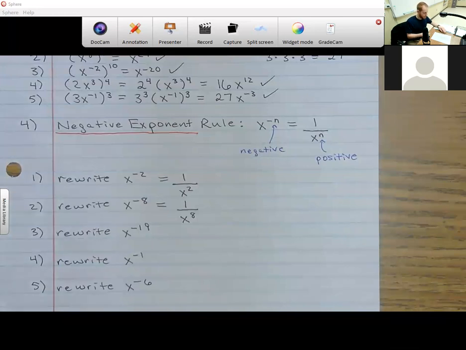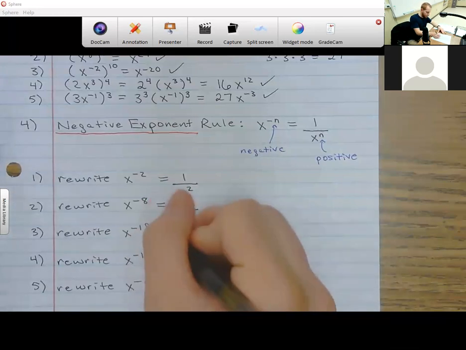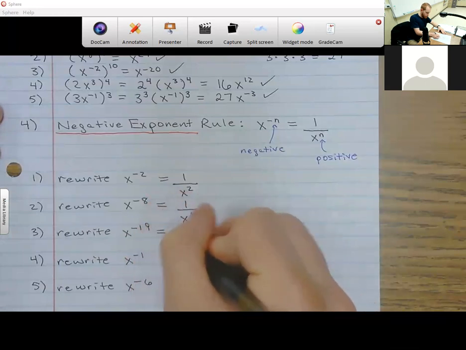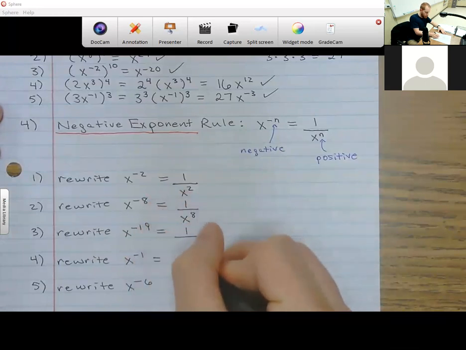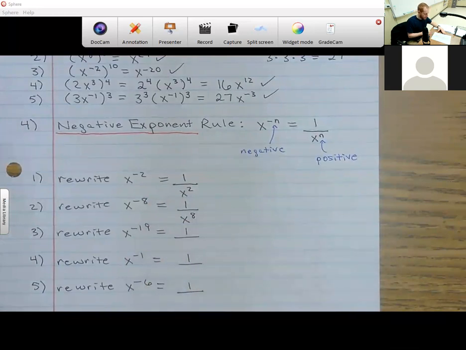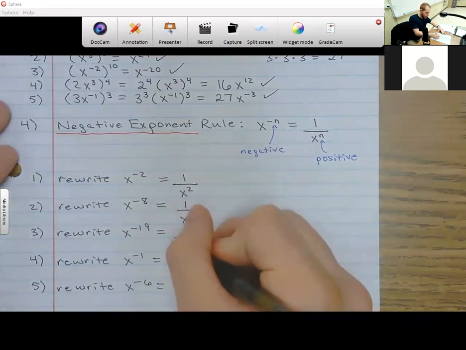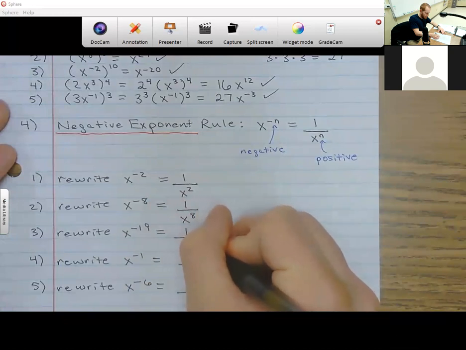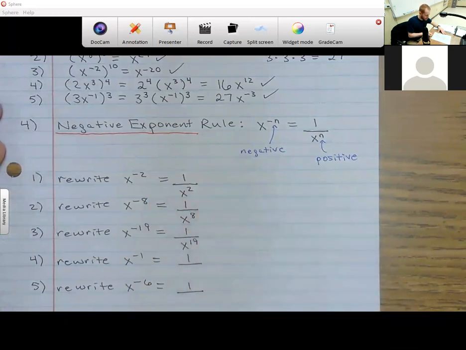Notice that we always have a positive 1 at the top. So I'm always going to have 1 over something. Okay, so number 3, I've got x to the negative 19th power. So it's going to become a positive 19 in the denominator. So 1 over x to the 19th power.